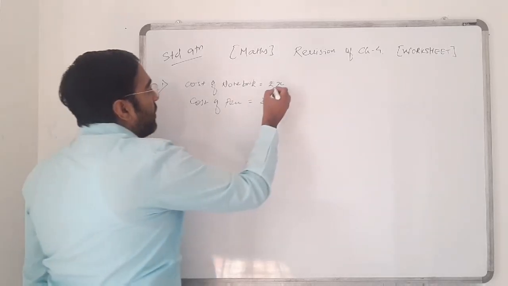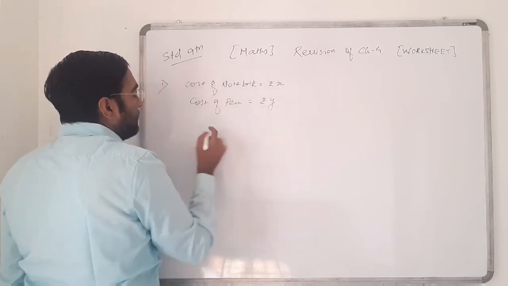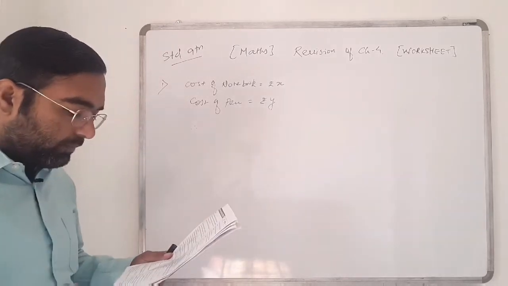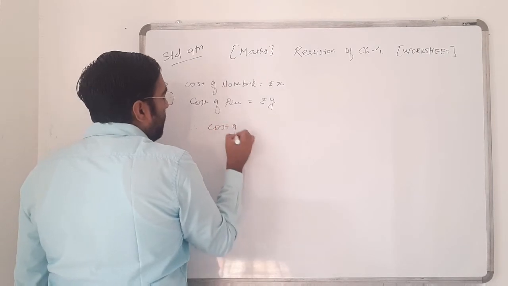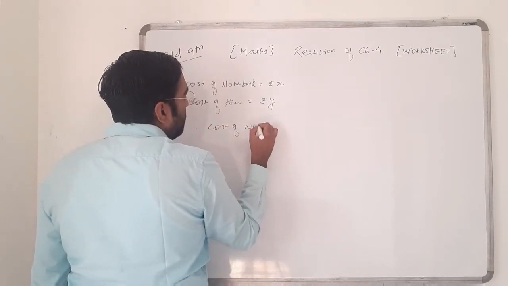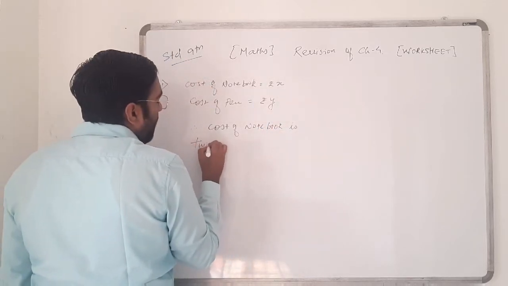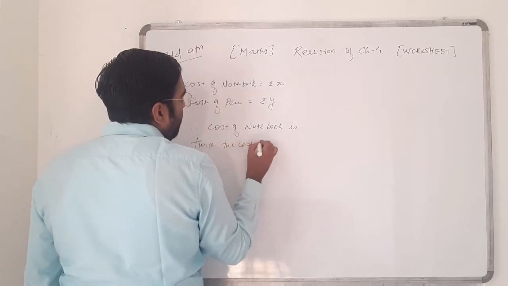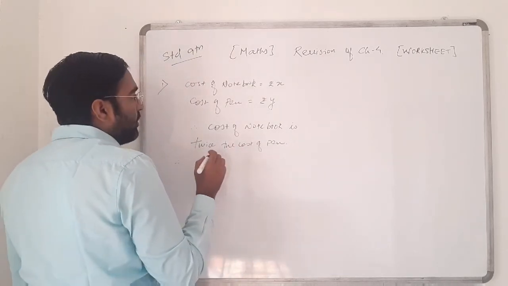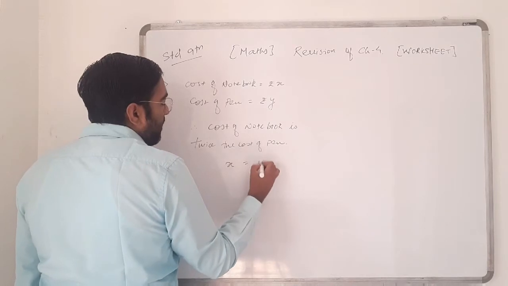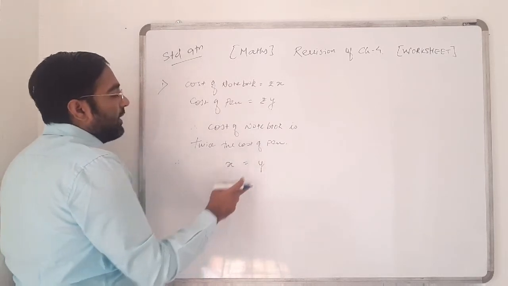So I'll write this statement: cost of notebook is twice the cost of pen. Therefore X is equal to 2Y. Now X is the cost of the notebook and Y is the cost of the pen.